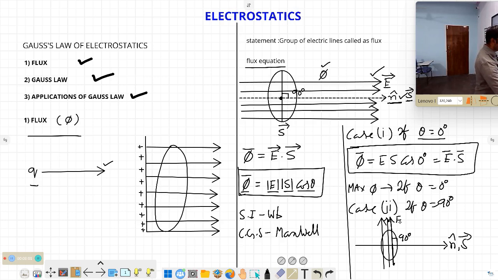If the electric field is making an angle of 90 degrees with the normal, I can use cos 90, because according to the formula, phi is equal to E S cos theta. Here, how much should we take theta? Theta is equal to 90 degrees.